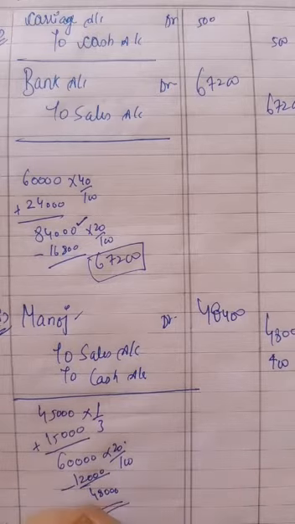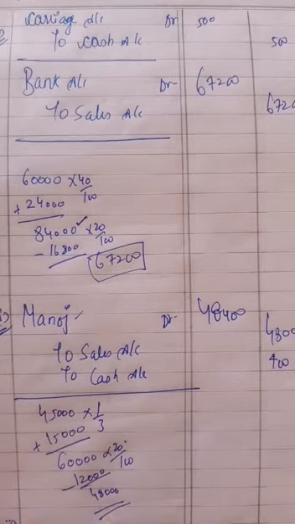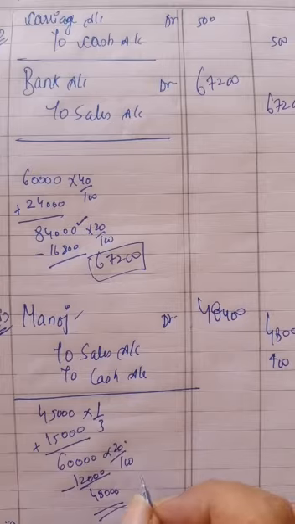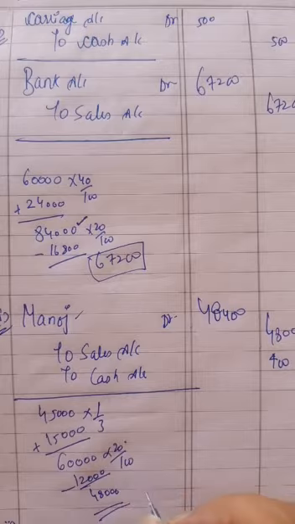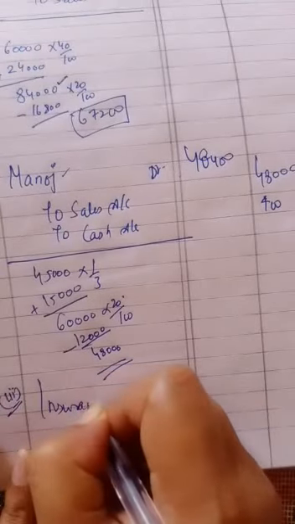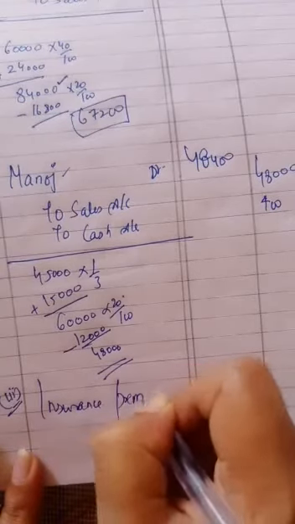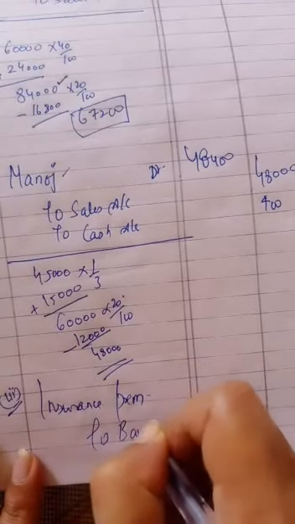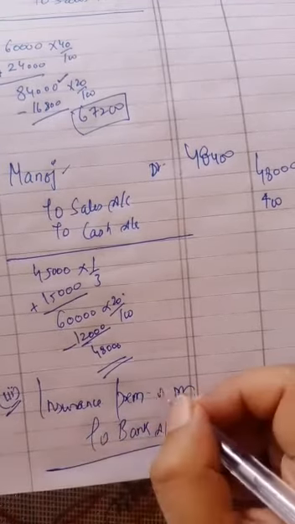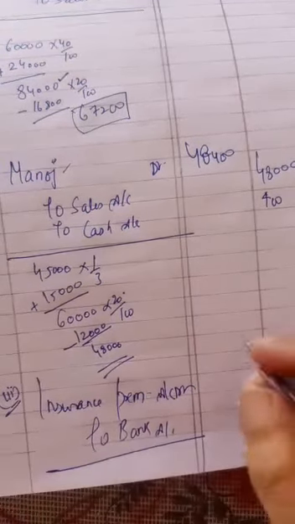Now third one is paid by check 6,000 as fire insurance premium for a period of 12 months starting from 1st July. The financial year is closing on 31st March. Now we have paid insurance premium, so we will write insurance premium to bank. Through check we have paid, so we will write insurance premium account debit to bank account.